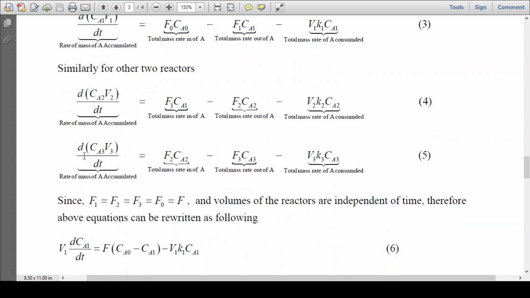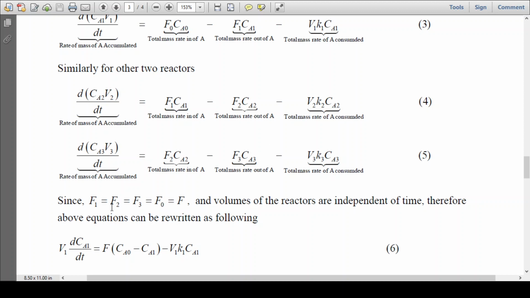Then for the third reactor, the accumulation of A, d(CA3 V3)/dt, equals F2 CA2, the rate of mass of A coming into the reactor, minus F3 CA3, the rate of mass of A leaving the reactor, minus V3 K3 CA3, the total rate of A consumed inside the reactor due to the reactions.